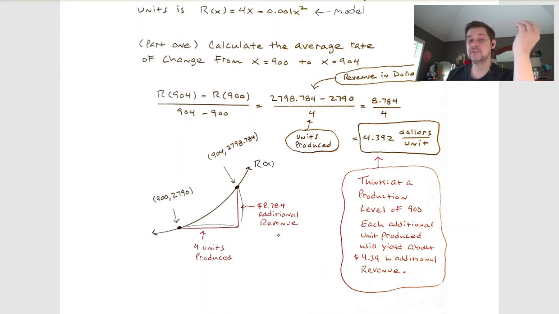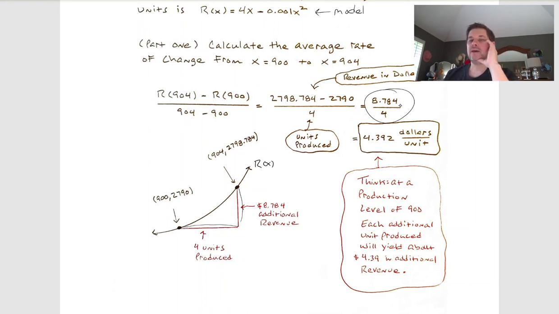It tells us how the revenue responds to increased production. All right? So that right there, 8.784 over 4 says produce 4 additional units, get about $8.78 of additional revenue. That's what the numbers mean. Okay? I think it's more important actually to know what all the numbers mean than to be really good at the math, honestly.